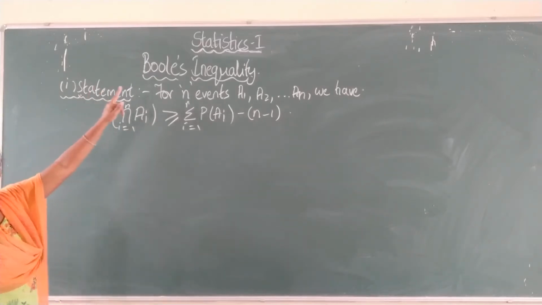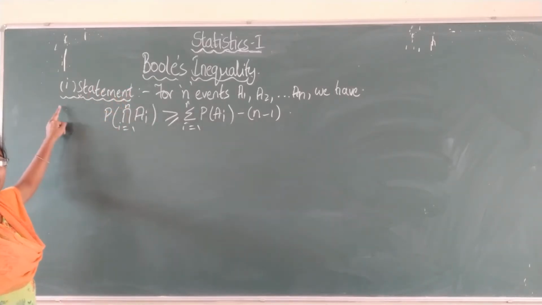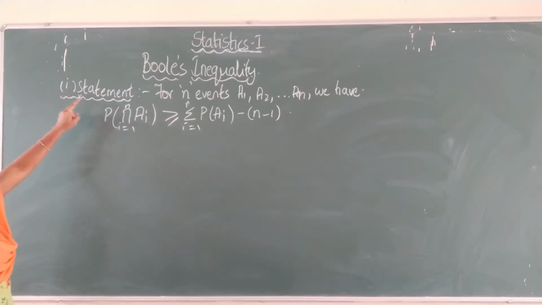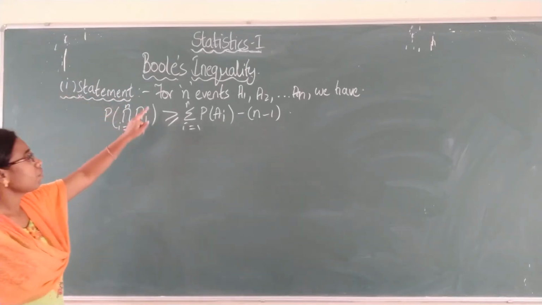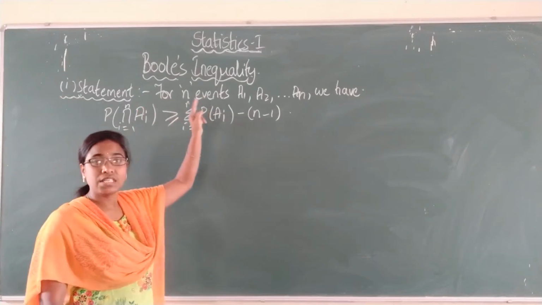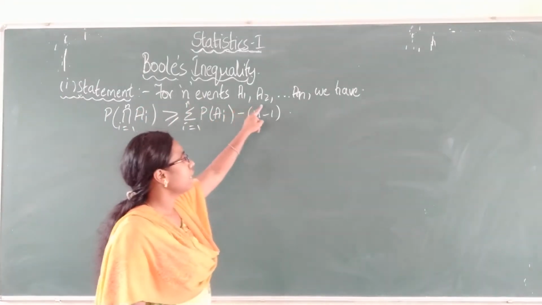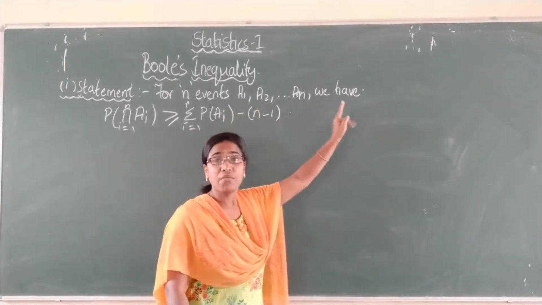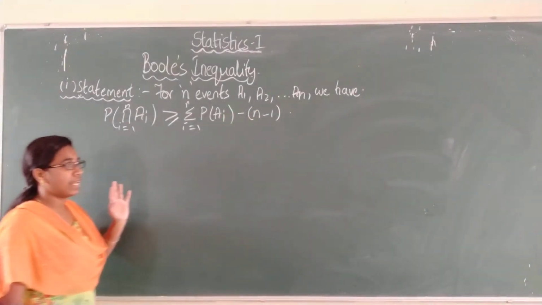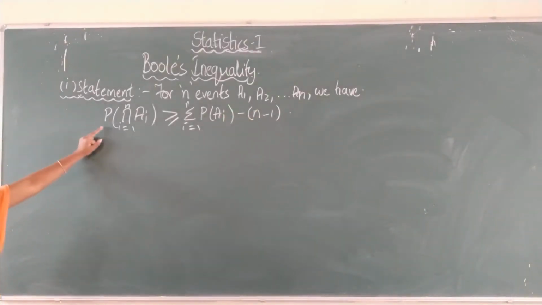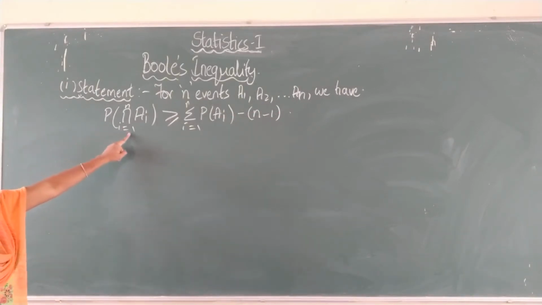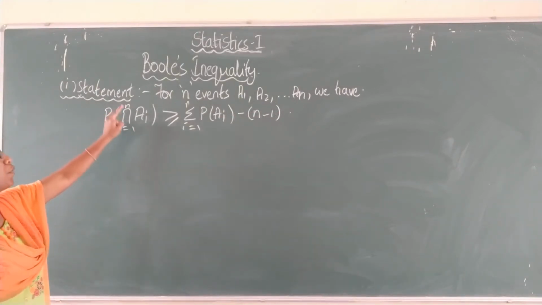Under Boole's inequality, statement 1 is for n events. We have n events: A1, A2, and so on up to An. For those n events, we have the probability of the intersection of Ai, i equals 1 to n.